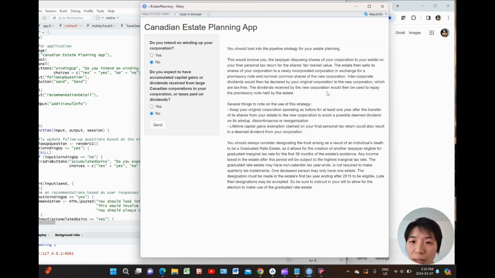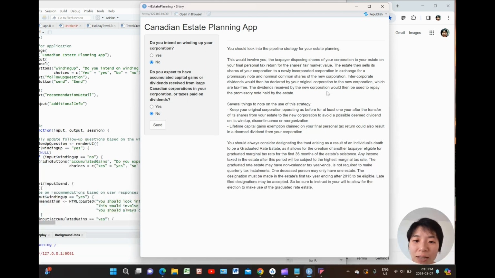Several things to be clear on this strategy before you implement it are: keep your original corporation operating as before for at least 1 year after the transfer of its shares from your estate to the new corporation to avoid a possible deemed dividend on its wind-up, discontinuance, or reorganization.